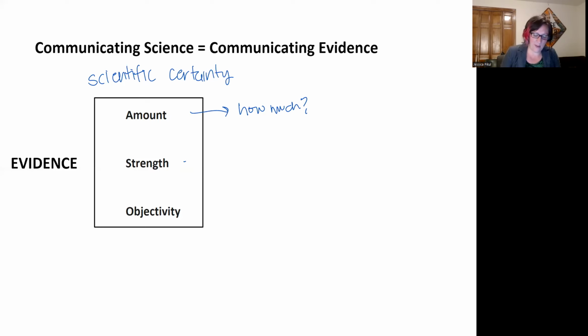Strength is really about having multiple lines of evidence instead of just one, right? You've got a couple of pieces of evidence that support an idea rather than just a singular thing.